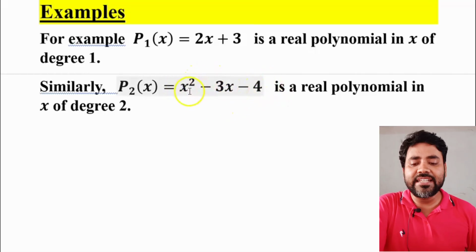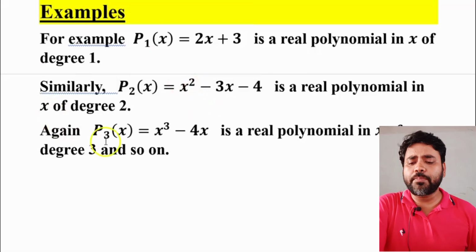And since the leading term is of degree 2, this polynomial is called a polynomial of degree 2. We can also call this polynomial a quadratic polynomial. Quadratic means square. This leading term is x square. So we call it a quadratic polynomial.